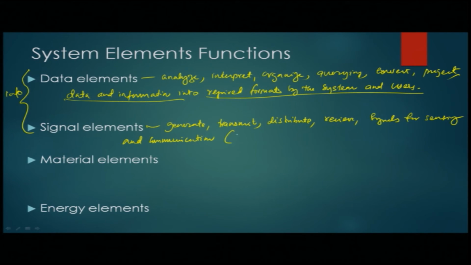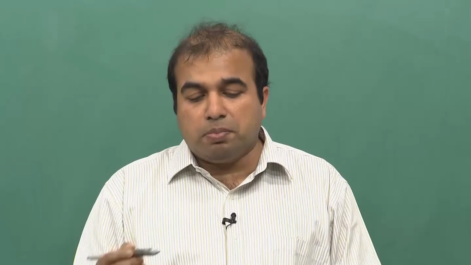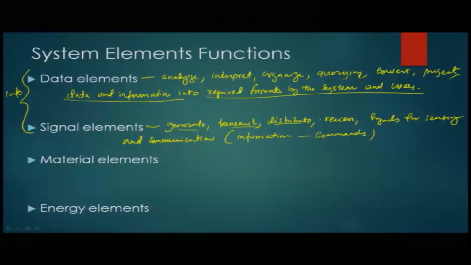Instead of signals, it could also be information or commands. From the data, information can be generated, or a user might give an instruction which, when it passes through the signal element, will generate the signal, transmit it, or distribute it, and it will receive the signal, so that communication between different components of the system is possible.